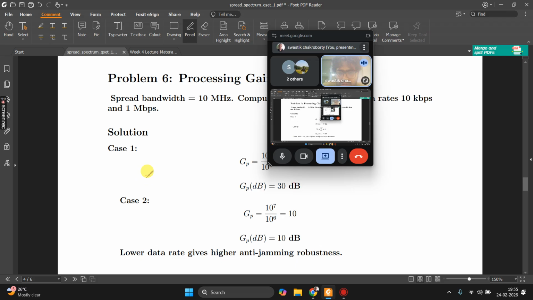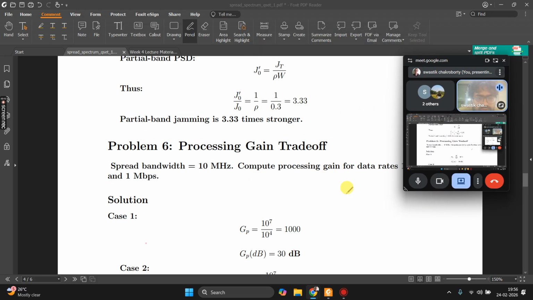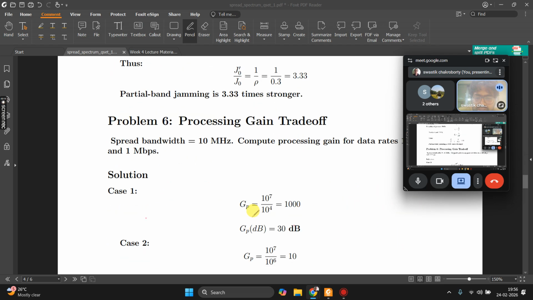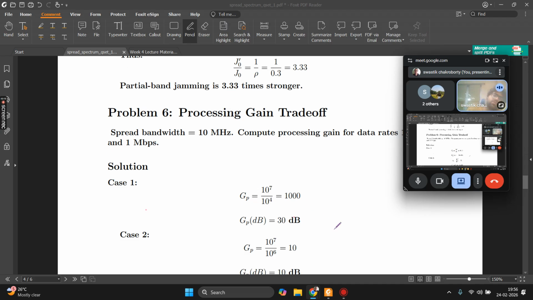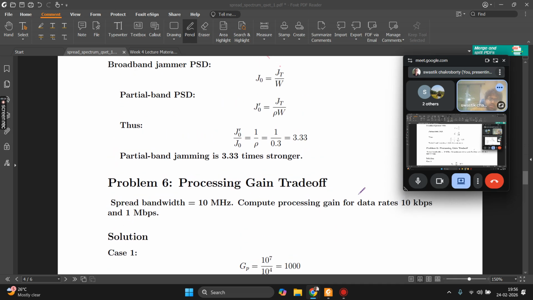Okay, fine. So the calculation does not need any explanation, but what I need to say is that for 10 kbps data, you see that you have a higher processing gain, because you are spreading a very small data rate across a large bandwidth. So of course you will have very good processing gain.